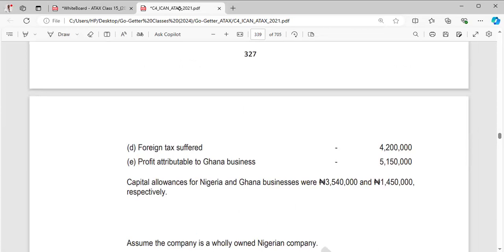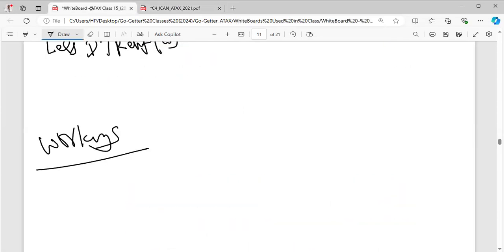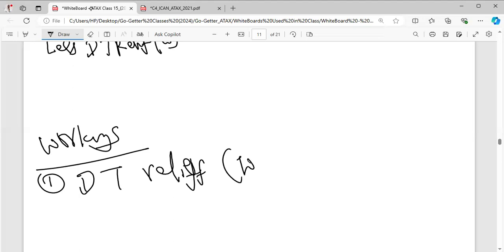There is no DTA. Double taxation relief: no DTA exists.